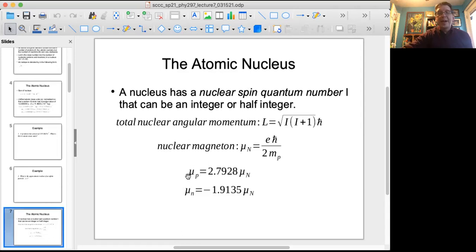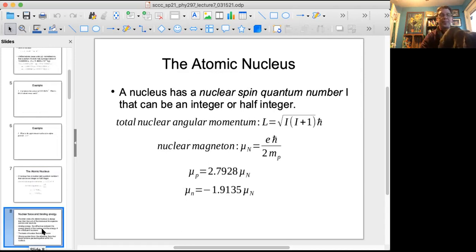The magneton of a proton is 2.7928 times this number. The magneton of a neutron is negative 1.9135 times the nuclear magneton. So neutrons and protons tend to spin in different directions.